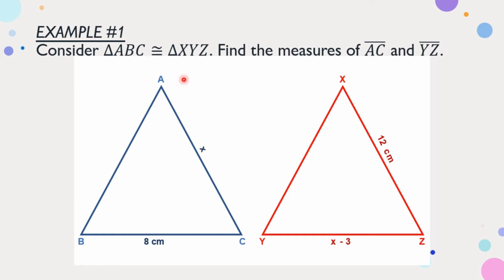Again, what's the first given? Ito daw, dalawang triangle na ito ay congruent. Okay, meron ka ng hint. Now, alamin mo ngayon daw ang measure ni AC, yung x, at ni YZ, yung x minus 3. Paano natin yan malalaman? Okay, let's watch this.